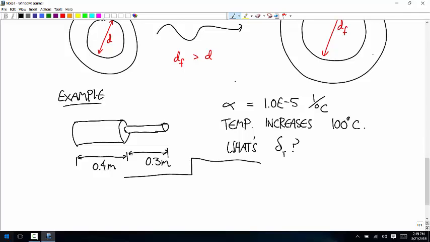In an engine, any of you guys have any idea how much the change in temperature of the pistons is once an engine warms up? Celsius or Fahrenheit? Okay. Right.